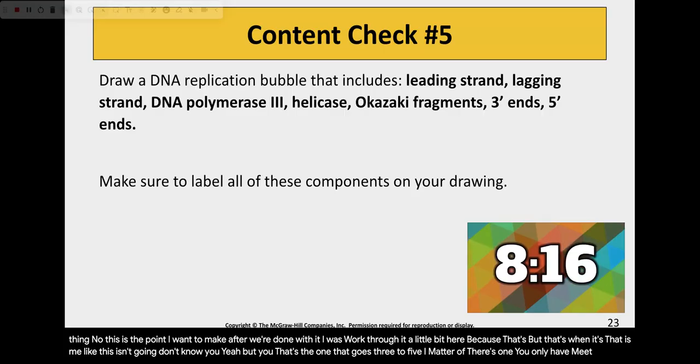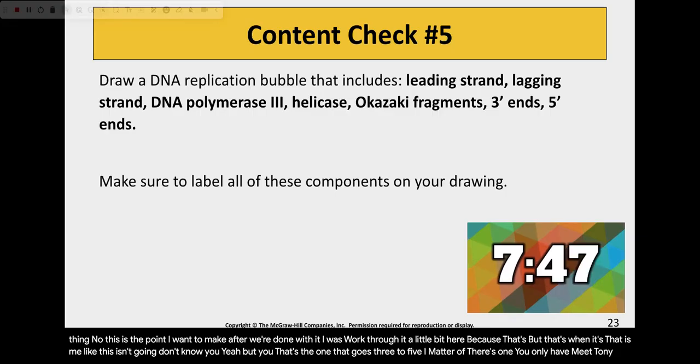Yeah. I drew it up on the board because I want to make a point. This is the starting spot, and it's going both ways, so it goes away from each other. The leading one is the one that is continuous, from where it's unzipping, because it's unzipping this way.